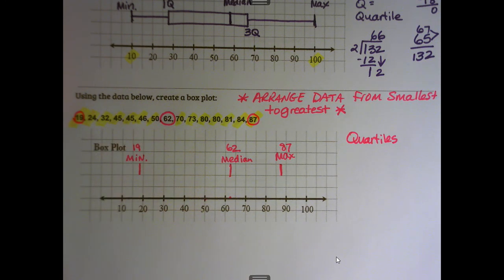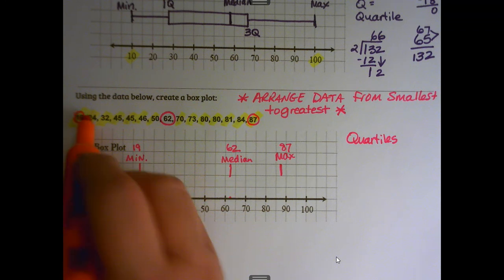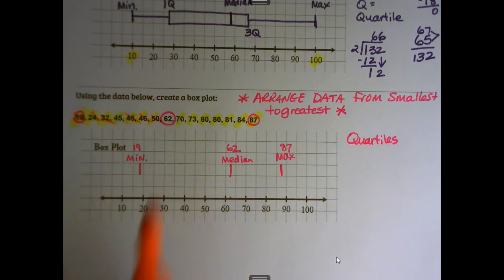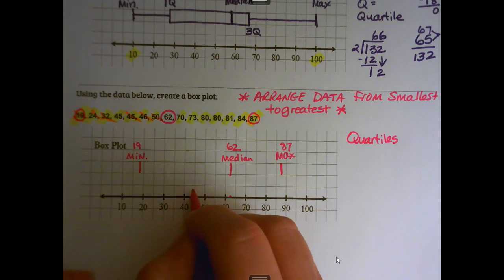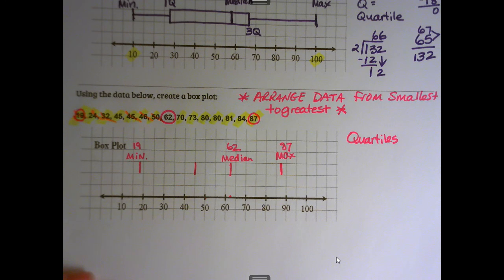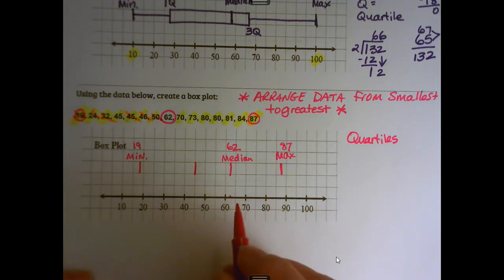And I did that yesterday using the orange or different highlighter, so we're going to do that. And the middle is 45. So I'm going to go right up here, and it's not my median, I misspoke. That's my middle of this first half of data. So this is the first quartile.